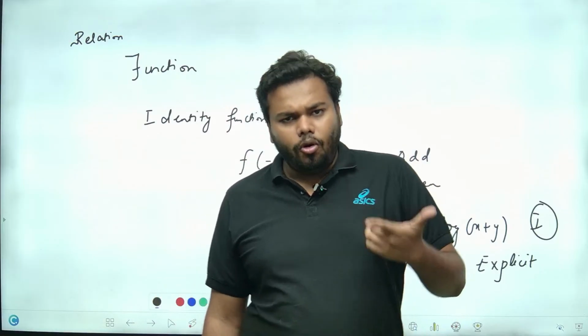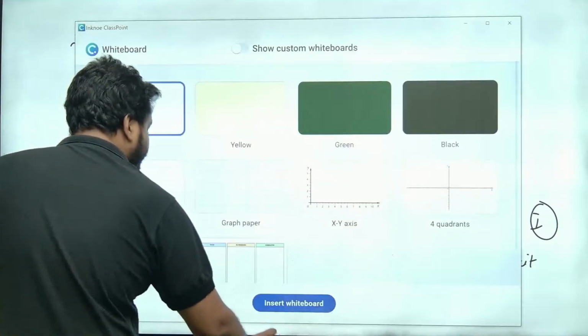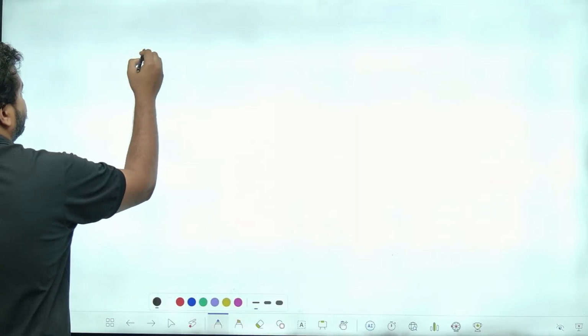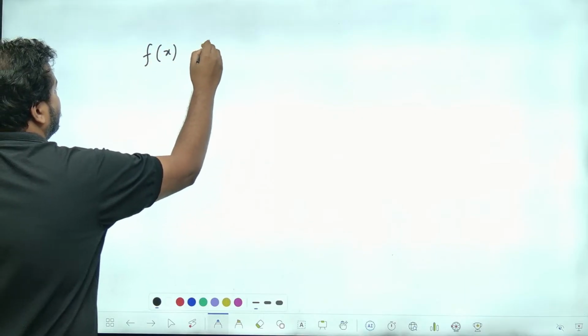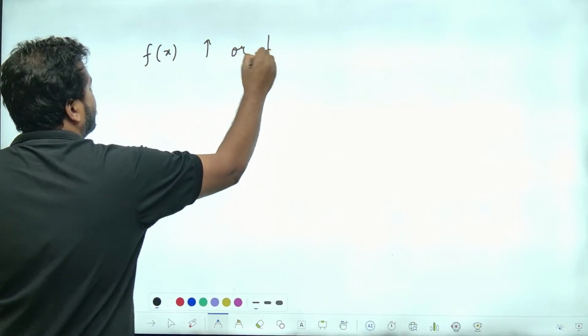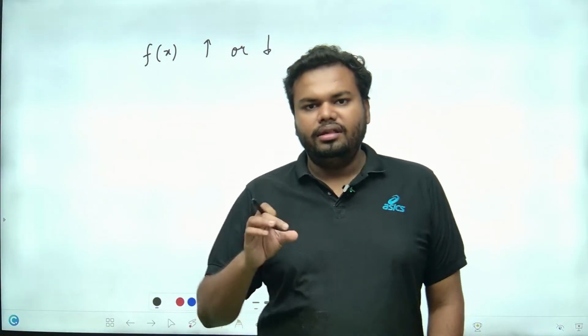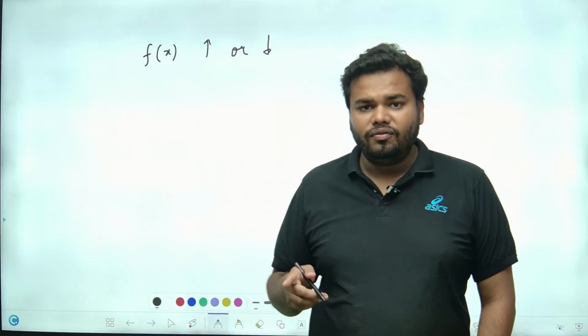Explicit function. Now, what were the left topics? One-one function, onto function, many-one function, into function. One-one function: when f(x) is increasing or decreasing in the entire domain, it is known as one-one function.